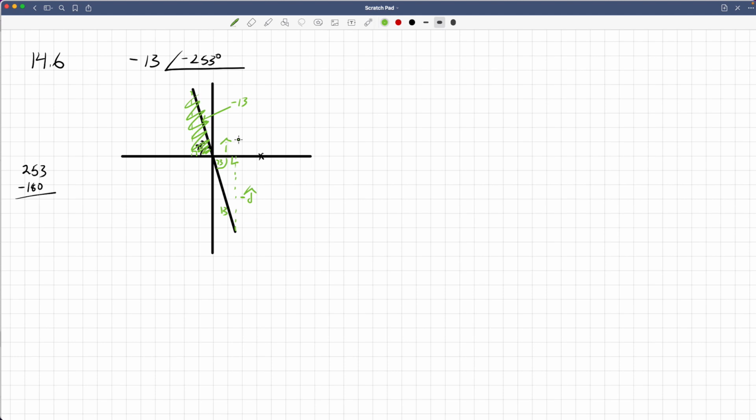So now we can figure out what those are. So let's use cosine. And so I'm going to write SOHCAHTOA up here just to remind myself of the proper formula. So the cosine of 73 is going to be equal to the adjacent, which is I, over 13, which is the hypotenuse. All right, so if I multiply both sides times 13, I get 13 times the cosine of 73 is equal to whatever my I value is.